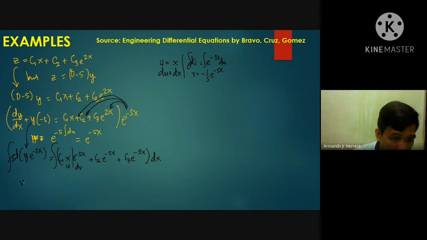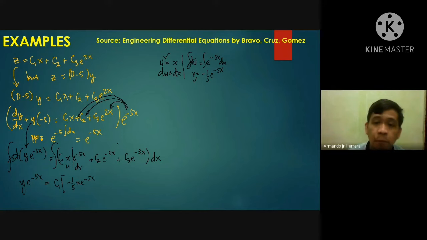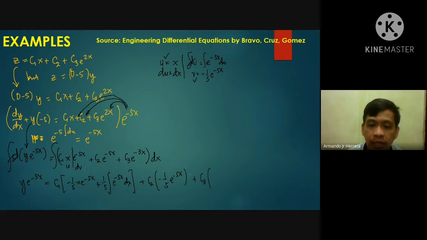So y e to the minus 5x is now equal to C1 times the quantity, integral of u dv is u times v, so that's negative 1 over 5 x e to the minus 5x minus integral of v du, so that is plus 1/5 e to the negative 5x dx, plus C2 integral of e to the minus 5x is negative 1/5 e to the minus 5x, plus C3 integral of this one is negative 1/3 e to the minus 3x, plus our constant of integration C4.